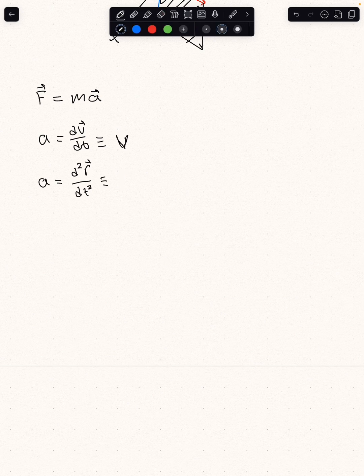R vector double dot. And so F equals ma is going to become F equals m r double dot.